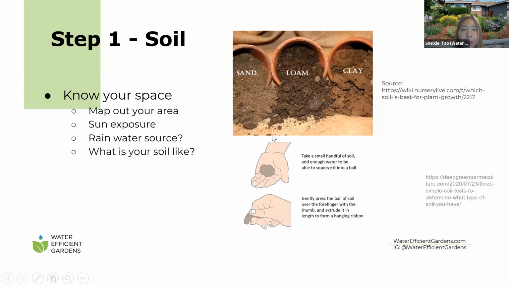Another piece of important information is to find out what type of soil you have. There are three big types of soils: sand, loam, and clay. You can do a simple test. You put a little soil on your palm, add some water, and make it a small clump.